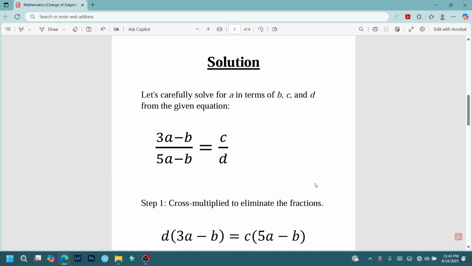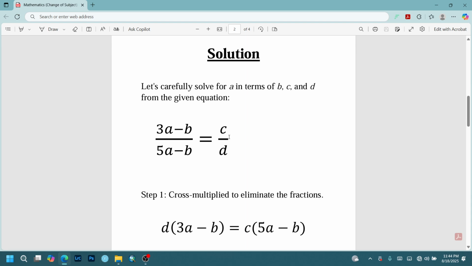So the first thing to do is to cross multiply to eliminate the fraction. The denominator at the right hand side of the equation will cross multiply the numerator on the left hand side of the equation, and the denominator at the left hand side of the equation will cross multiply the numerator on the right side of the equation.